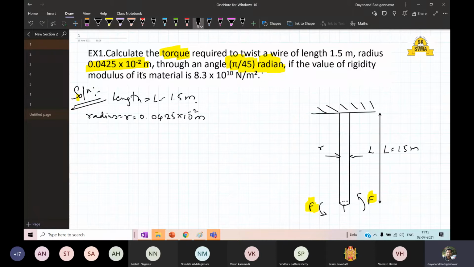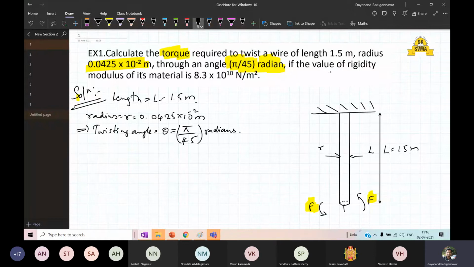When you apply a couple to twist it, there is a twisting angle. Twisting angle theta equal to pi divided by 45 radians.